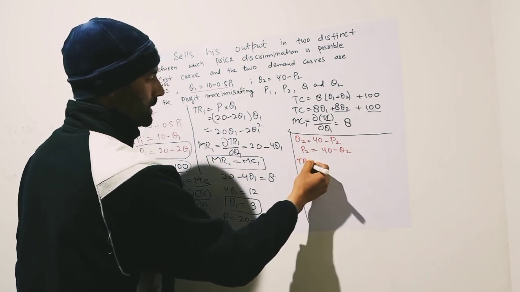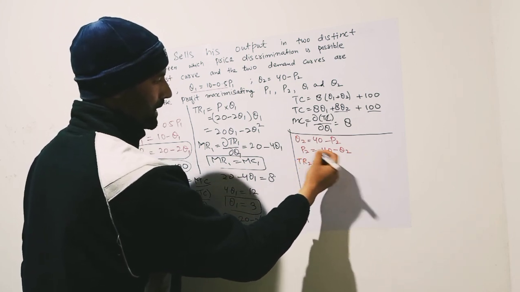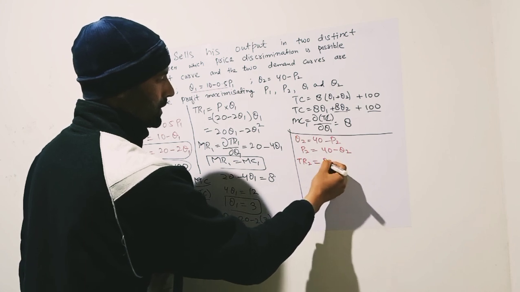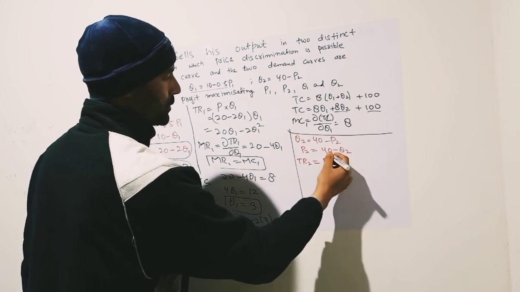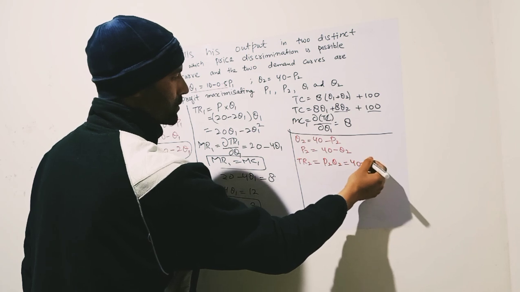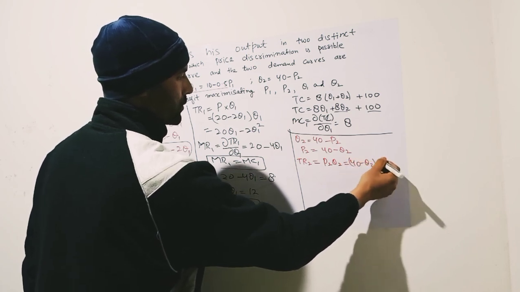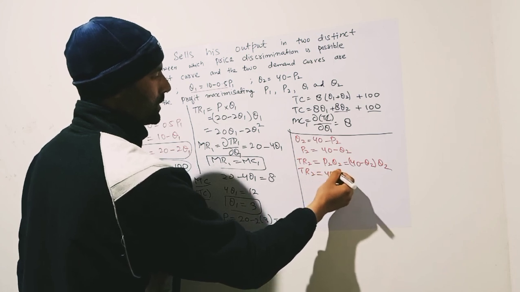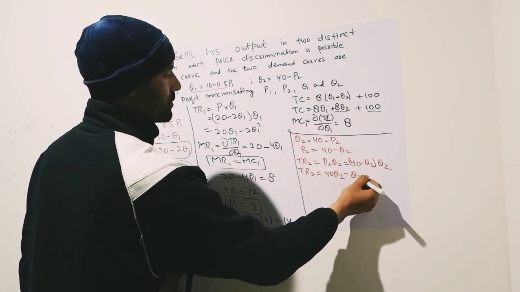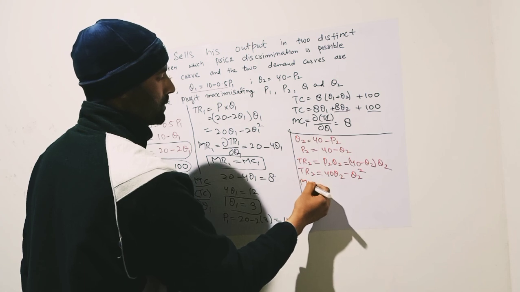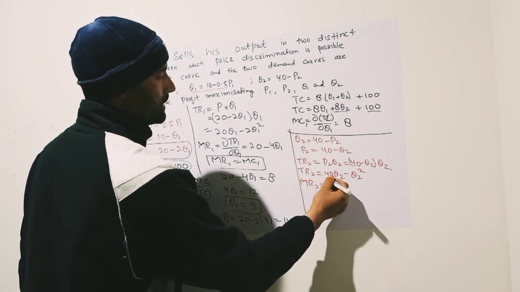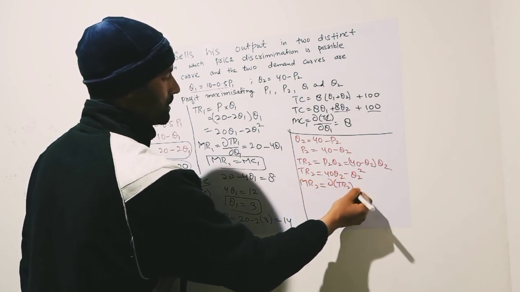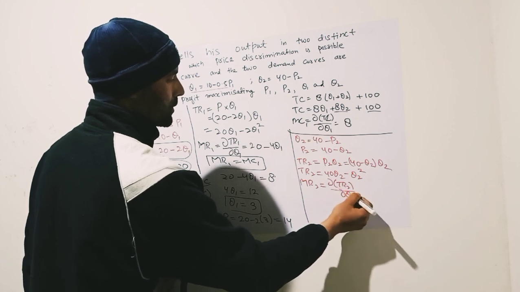Total revenue in the second market will be equal to price into output, that is p2 into q2. So p2 is this 40 minus q2. To this we multiply q2. Total revenue in the second market will be 40 q2 minus q2 square, and marginal revenue in the second market will be the derivative of the total revenue function with respect to q2.